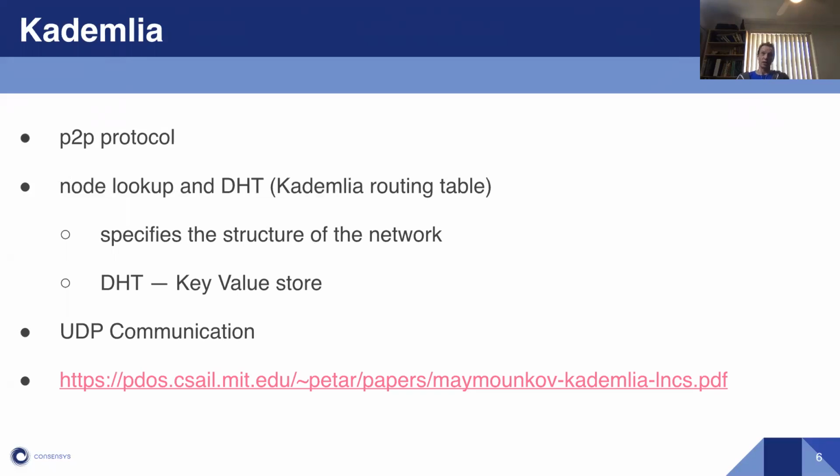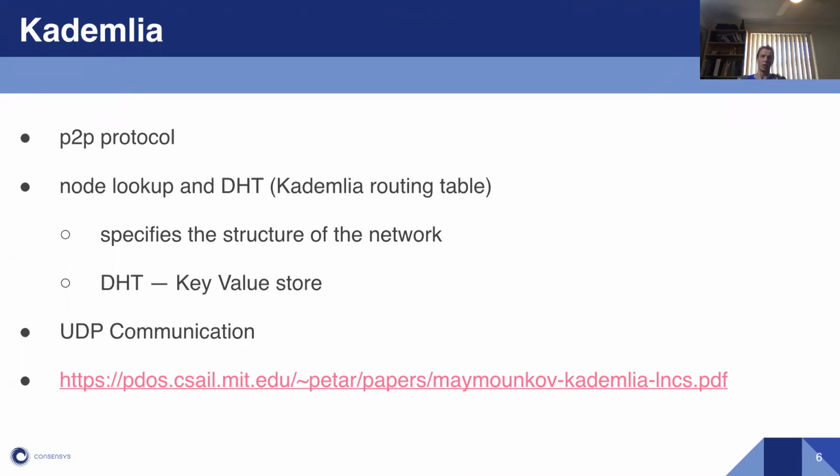So Kademlia, as I was saying, is a peer-to-peer protocol. It has two parts: node lookup and a distributed hash table. The node lookup part is what specifies the structure of the network. It's the routing table, which says how you can communicate and reach other nodes inside the network.